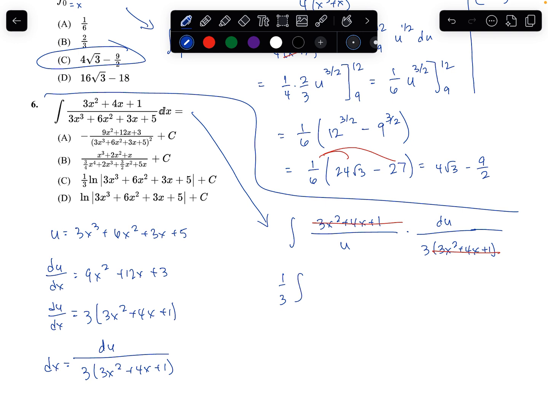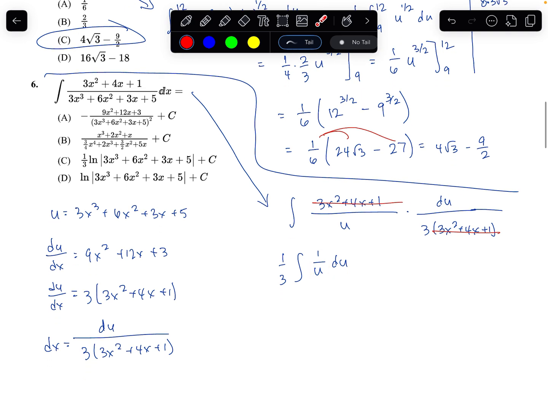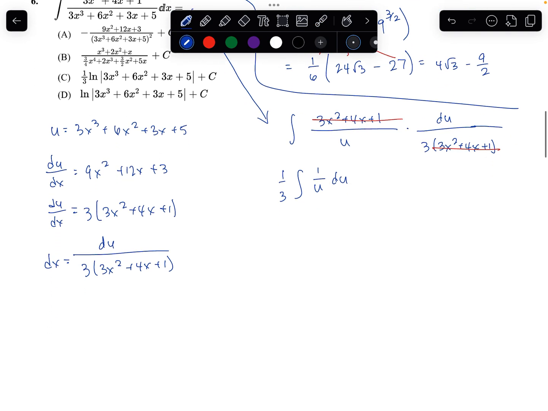The 1/3 integral of 1 over u du. So what derivative gives me 1 over x? Natural log. So hopefully you guys catch that. So this is actually going to be 1/3 natural log of u plus c.